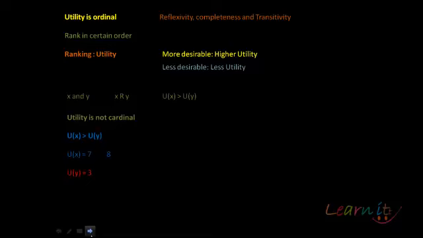So 7 is greater than 3, that's fine. But suppose the other day the same individual gives utility 8 to preference x and utility 4 to preference y. Do you think his preferences have changed? No. It doesn't matter.